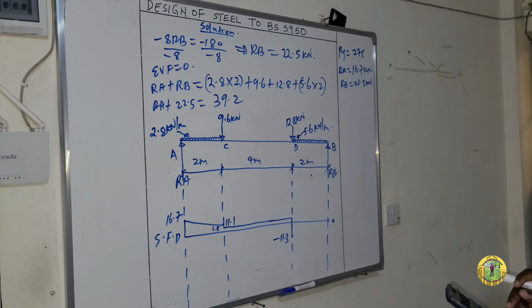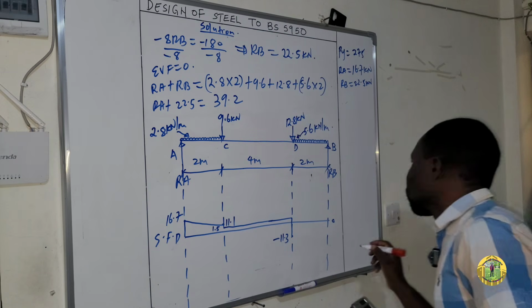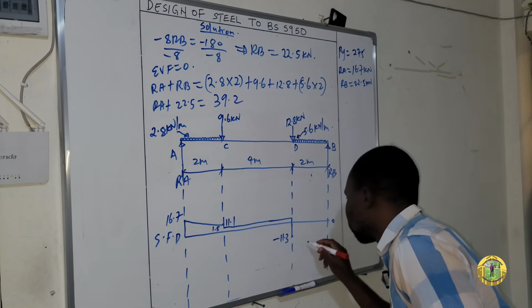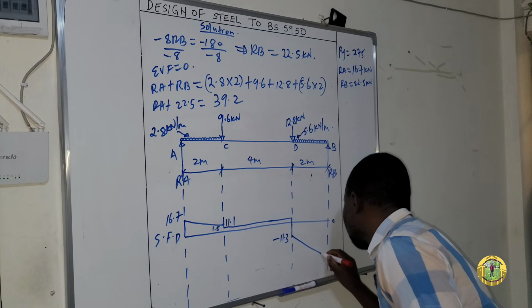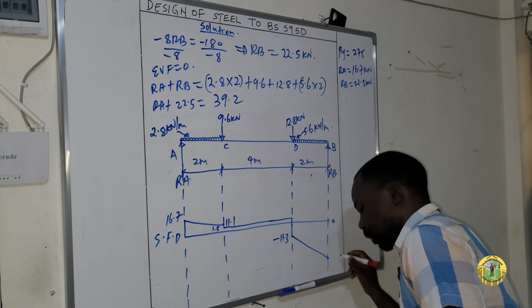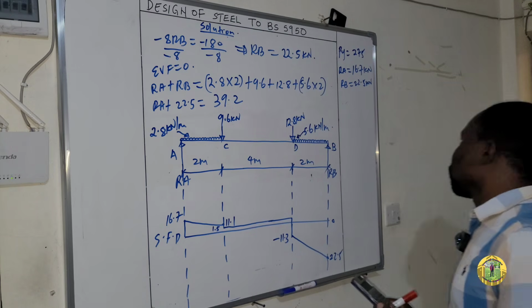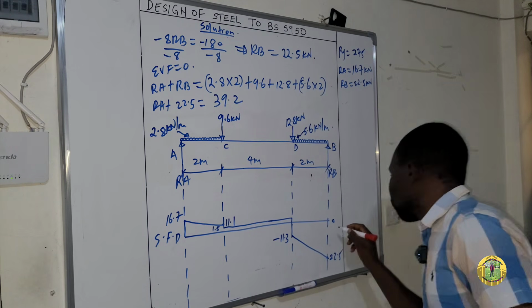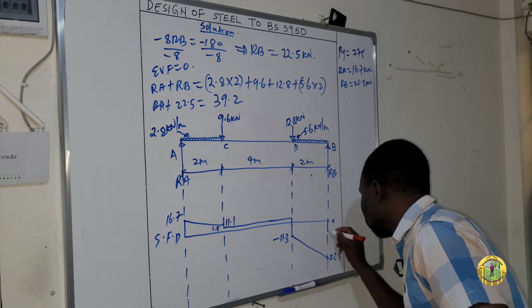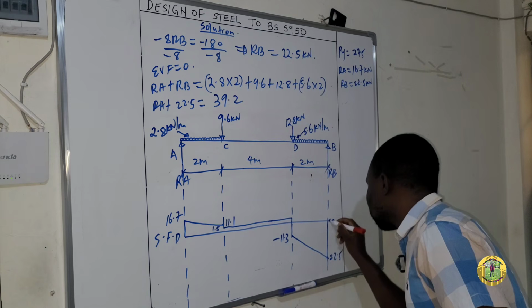So this is 22.5. So 22.5 is somewhere like there. And 22.5 minus RB is 0. It brings you back to 0.